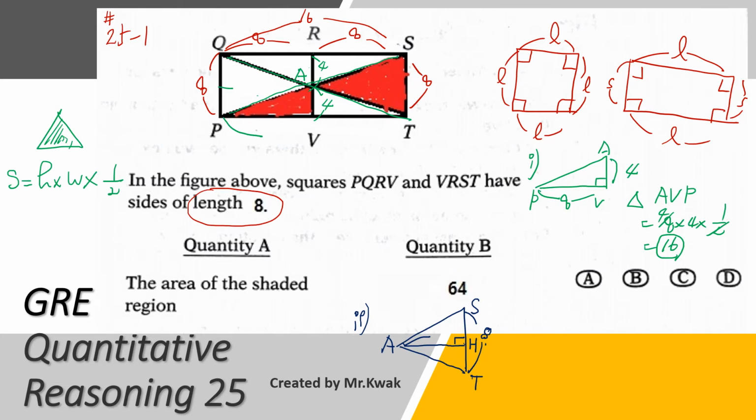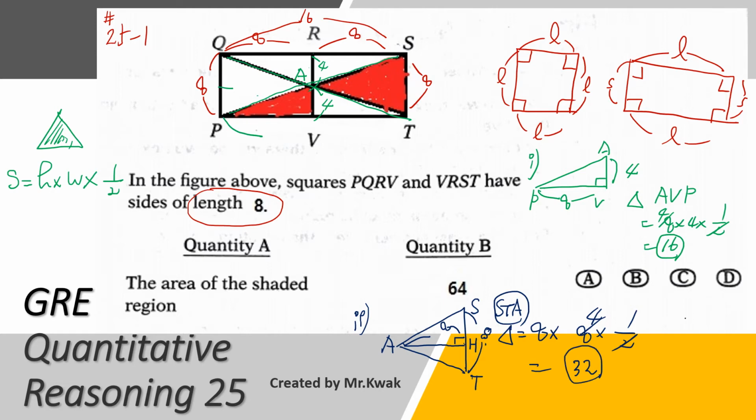It's just 8 because it's already written. Does it make sense? So we can figure it out this way: 8 multiplied by 8 divided by 2, or 8 multiplied by 4, equals 32. So we already got it. The area of STA or AST, whatever, the area is 32.